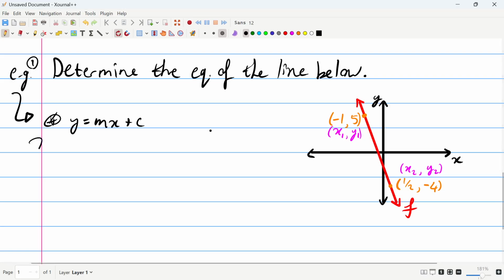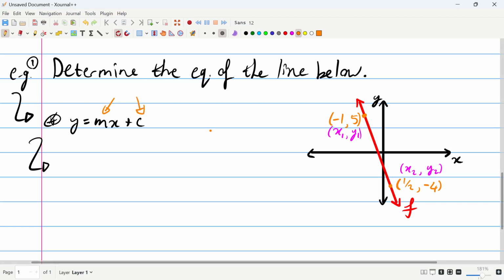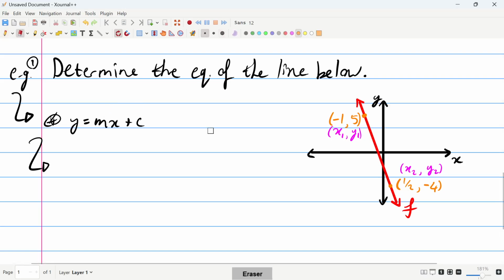So meaning, what we need to do is we need to find the gradient first. So the first approach is to find the gradient. Then we need to also find the y-intercept, okay? Because the x and y are just variables, inputs and outputs. So we don't actually determine those because they're already within the domain and the range of the function, okay?